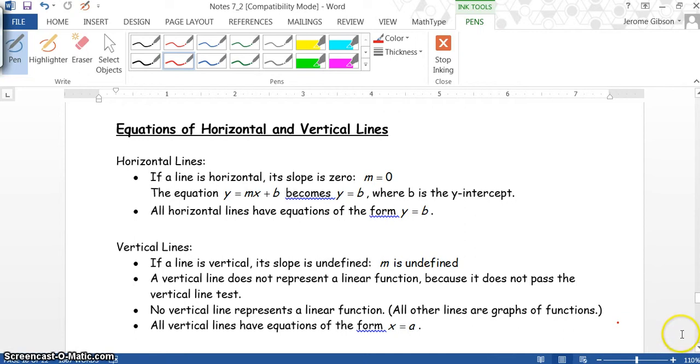Vertical lines. If a line is vertical, its slope is undefined. M is undefined. A vertical line does not represent a linear function because it does not pass the vertical line test. No vertical line represents a linear function. All other lines are graphs of functions. All vertical lines have equations of the form x equals a.